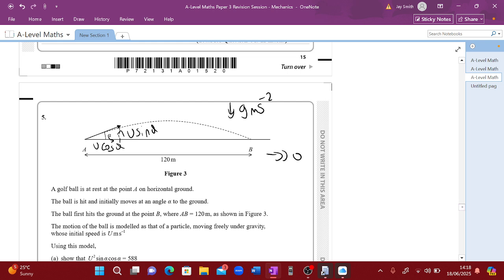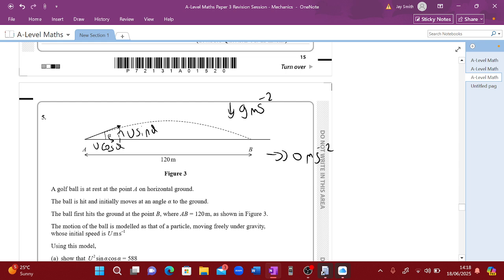That means the horizontal speed will always be constant. You can think of it as integrating zero, because remember, you integrate acceleration to get velocity. That's going to be zero plus c. Well, c we don't know, but c is a constant, so that'll be your velocity. So the velocity will be constant.